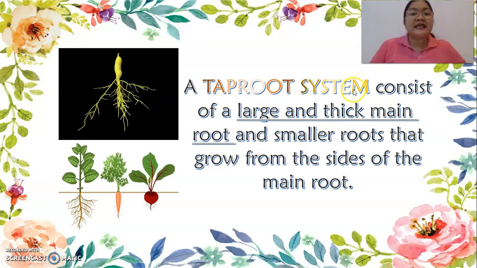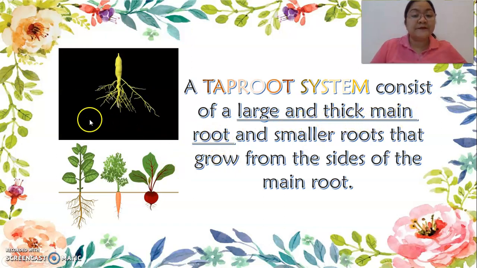When we say taproot system, these are plants that have large and thick main roots.